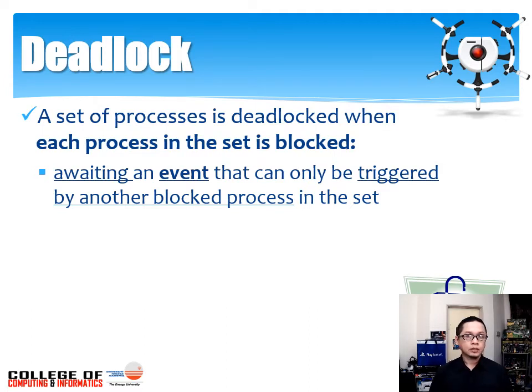So how do we prevent or perhaps avoid deadlock from happening? If you remember previously, we have the mechanism of mutual exclusion. So one of the solutions is, of course, to have a proper mutual exclusion mechanism in the system to ensure that no process is holding on to our resources if it is being blocked or cannot finish.